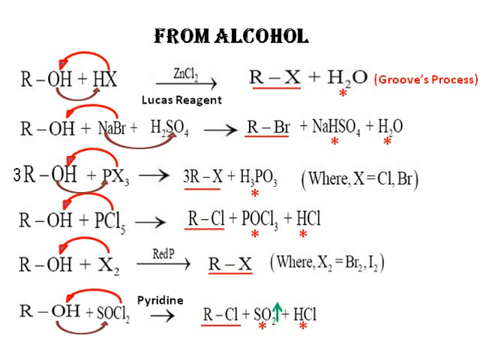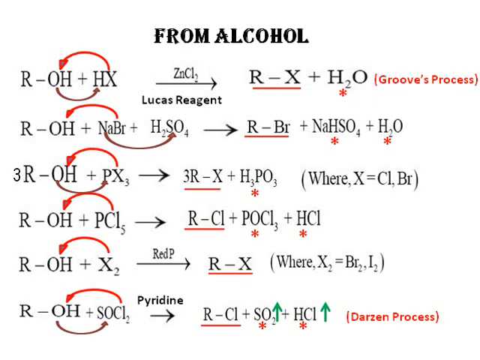The important thing about this reaction is that sulfur dioxide is gaseous and hydrochloric acid is gaseous too, so they will go out and we will get only the required product, alkyl chloride. This process is known as the Darzens process.